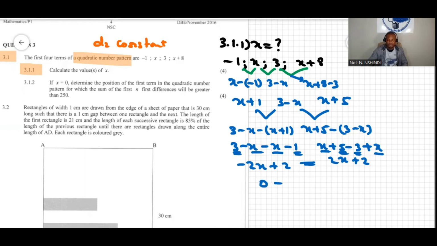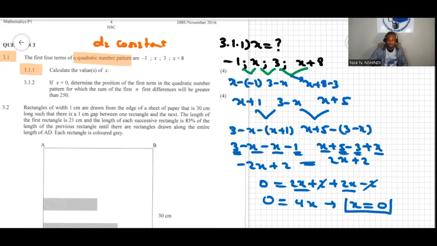We have 0 equal to 2x plus 2x, which makes 4x, and then 2 minus 2 is zero. So if 4x equals 0, this means that x is equal to 0. If you're unsure, divide both sides by 4, and you get x is equal to 0.